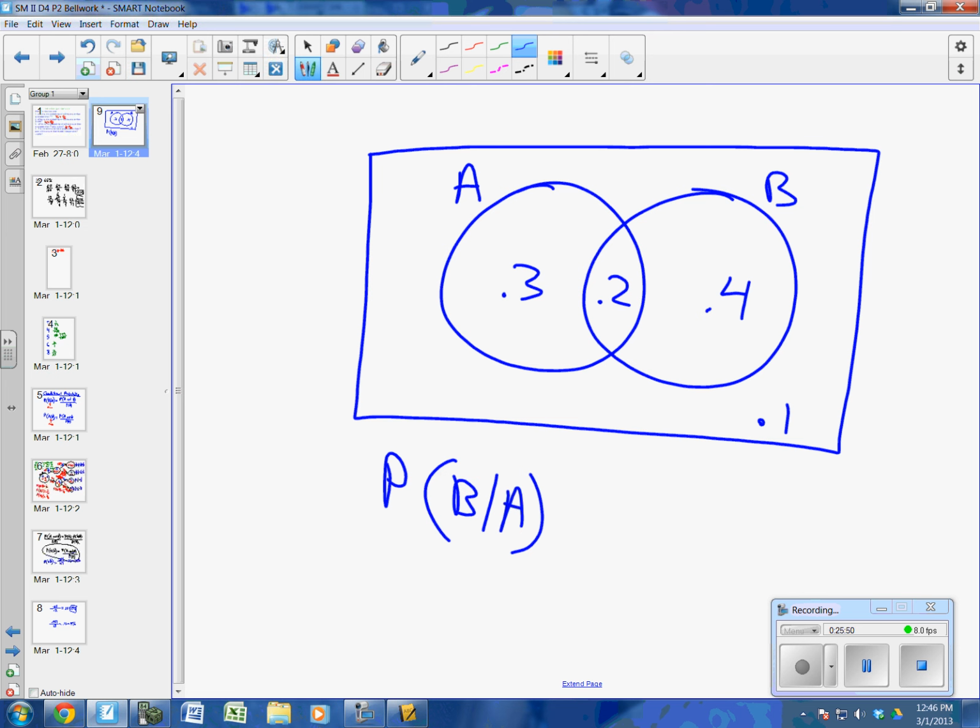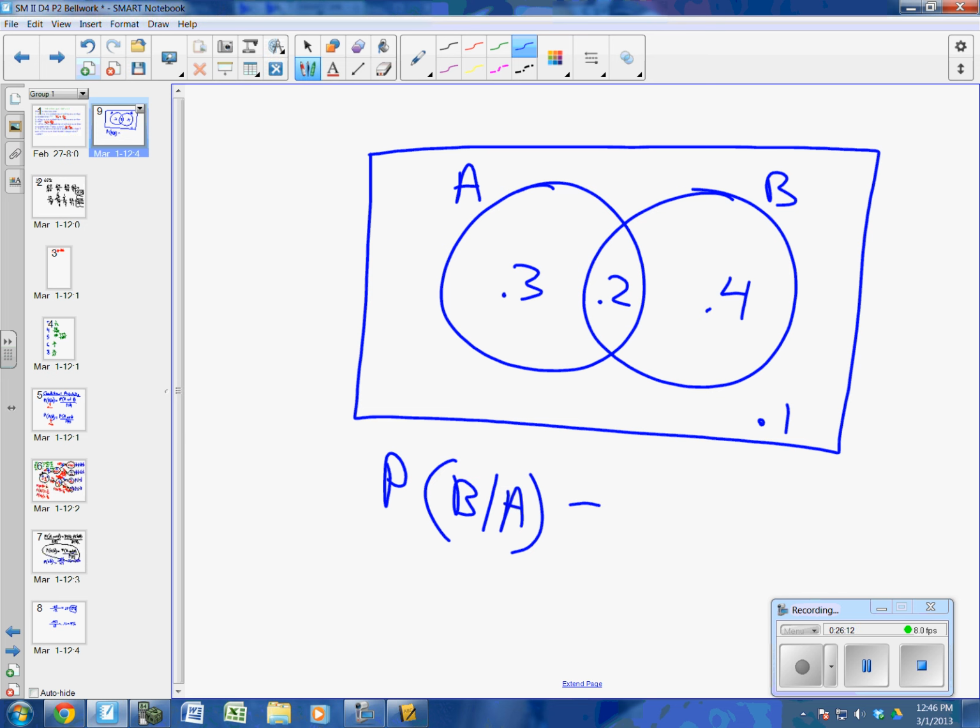I want to know, what is the probability of B happening given that A has happened? Well, okay, what area am I talking about? What's the probability of B happening given that A is happening? Well, let's do this.